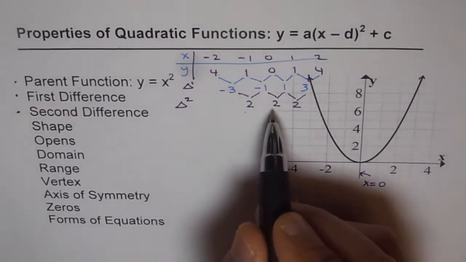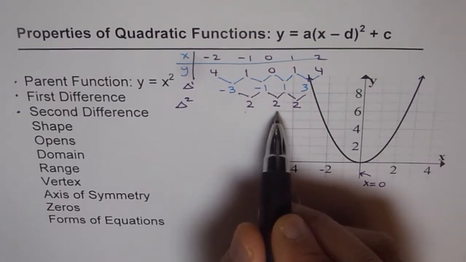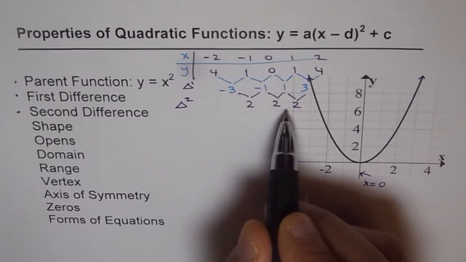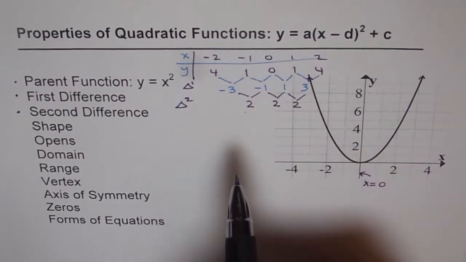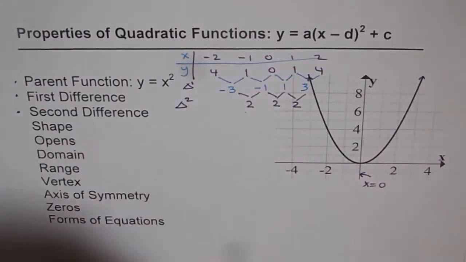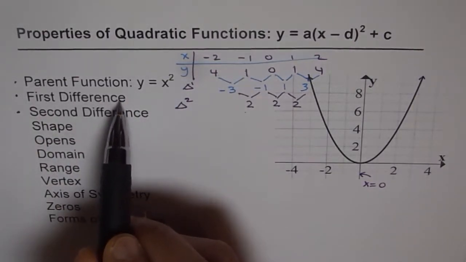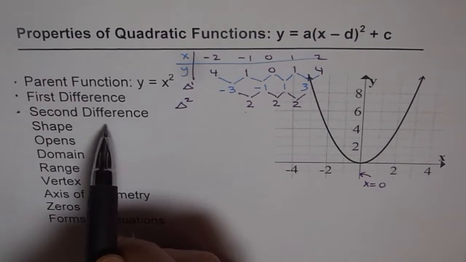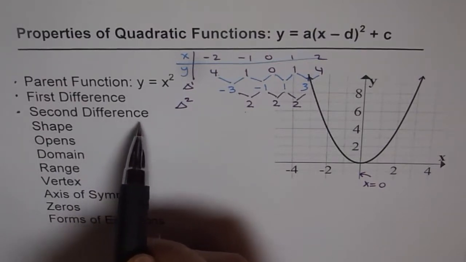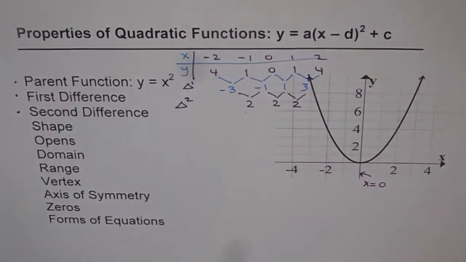So in every quadratic equation, the second difference will be constant, and it will be related to the leading coefficient, and we will see its relation soon. So we know one thing now, that for a quadratic equation, the first difference is not constant, but the second difference is, and it is related to the value a.